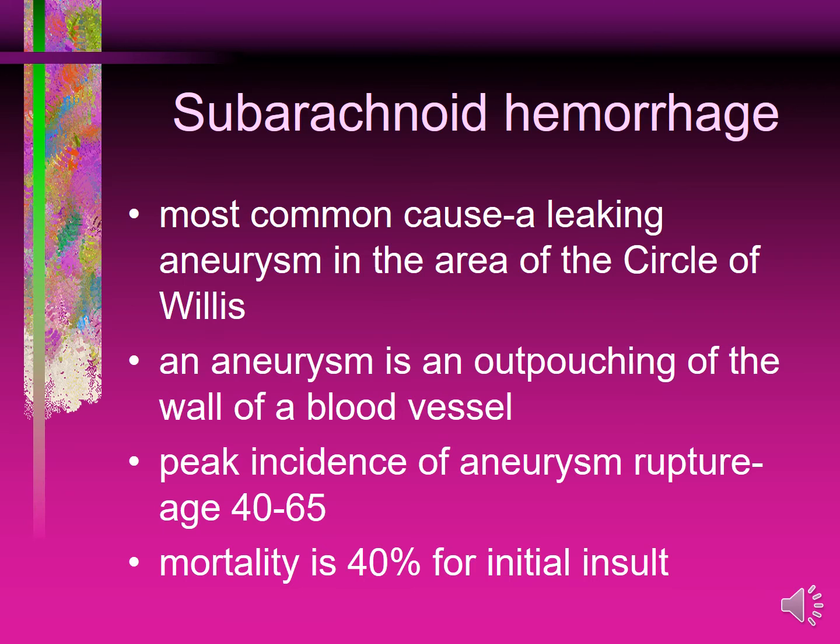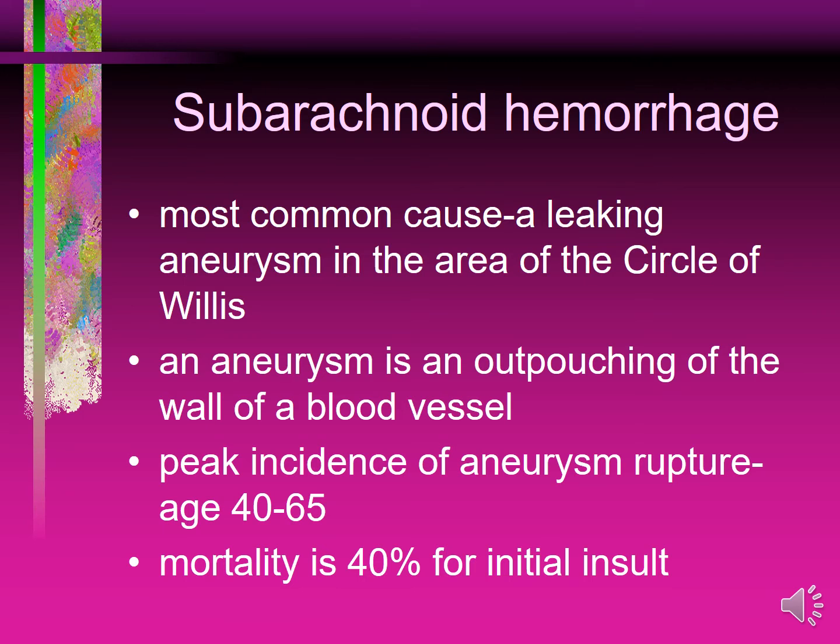And so that place where the blood vessel wall is outpouched is weaker than the rest of the blood vessel because it's stretched. So it's not as strong as the rest of the blood vessel. And so it's more prone to bust open when you have turbulent blood flow or high blood pressure or any of a number of factors.